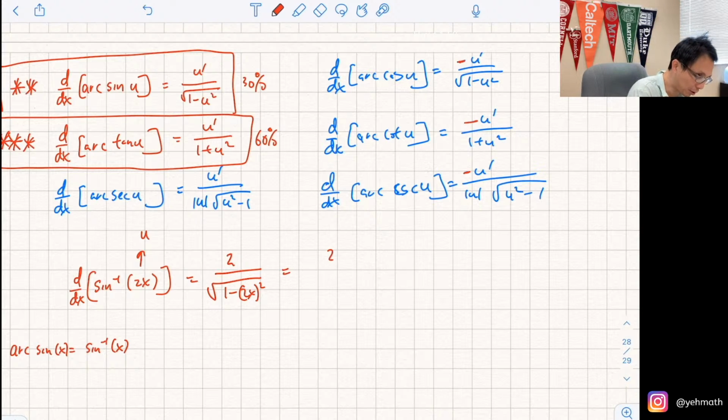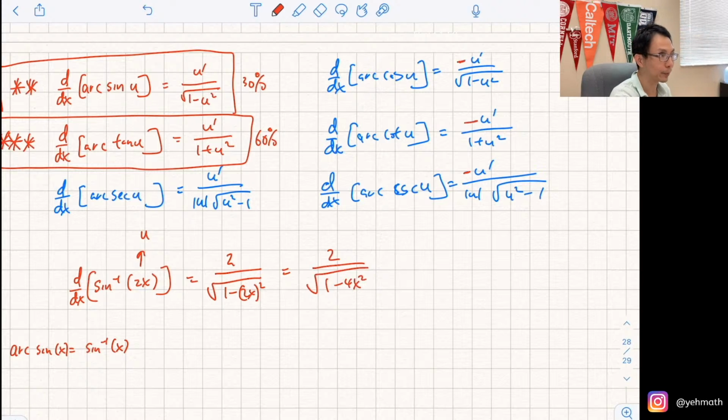It's actually 2 over square root of 1 minus 4x squared. Is that hard? Super easy, right? You just have to follow the formula. That's the answer.